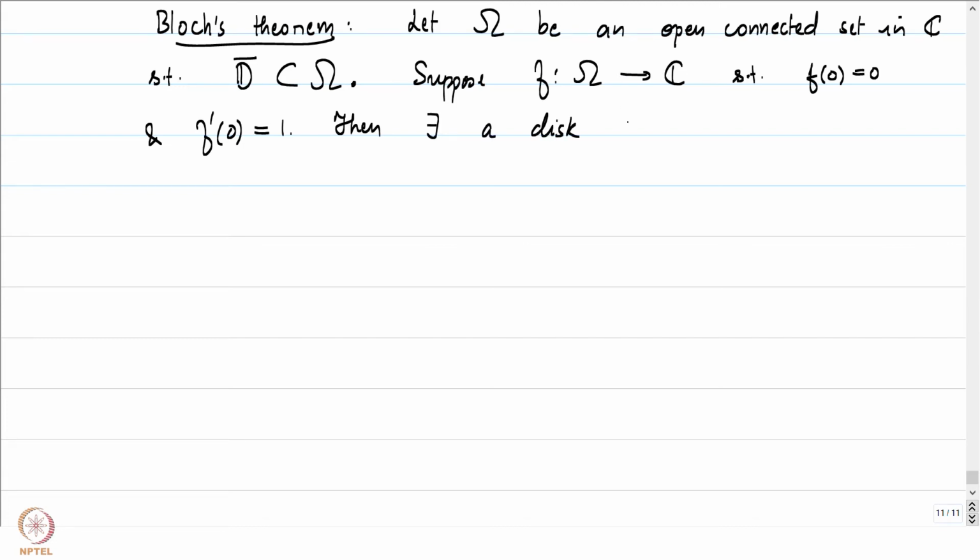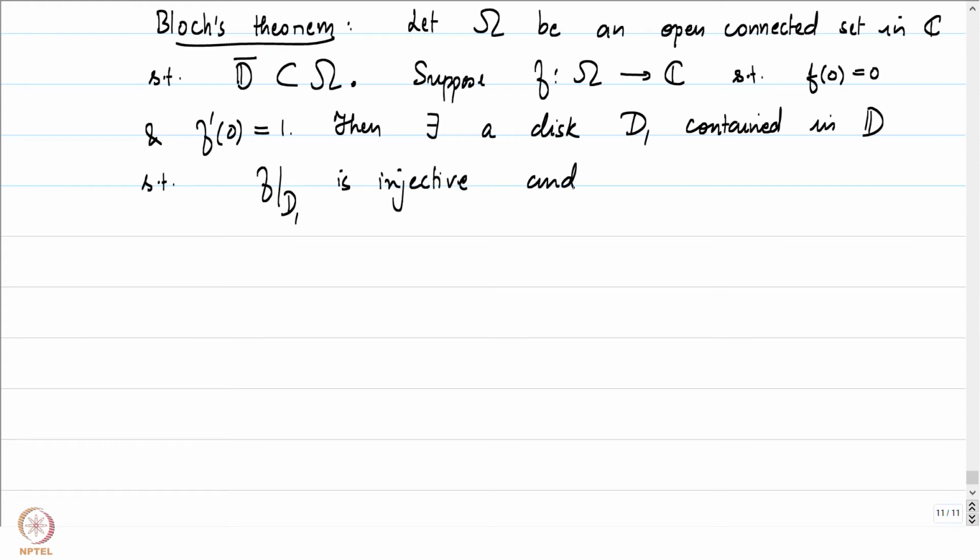Let's call the disk D1 contained in D such that f restricted to D1 is injective, and further if you look at f of D1, it contains the disk of radius 1 by 72 in its image, which in particular is contained in f of D.